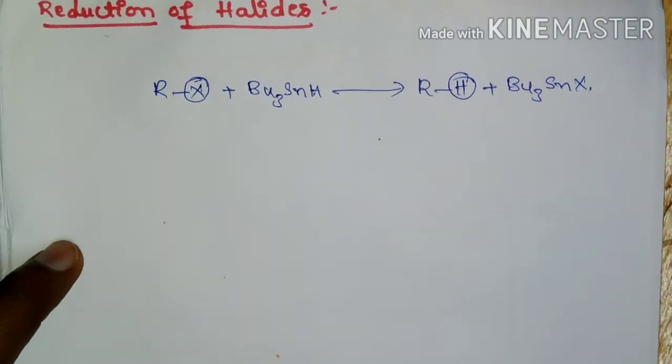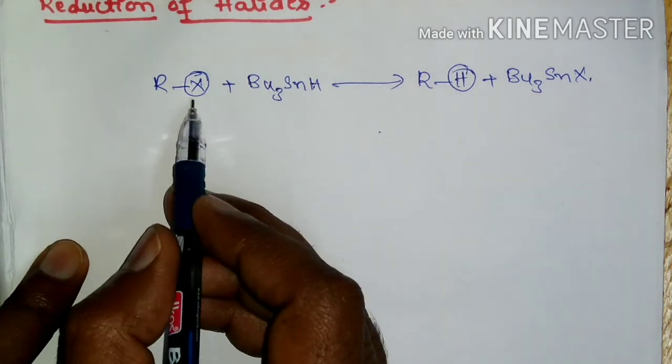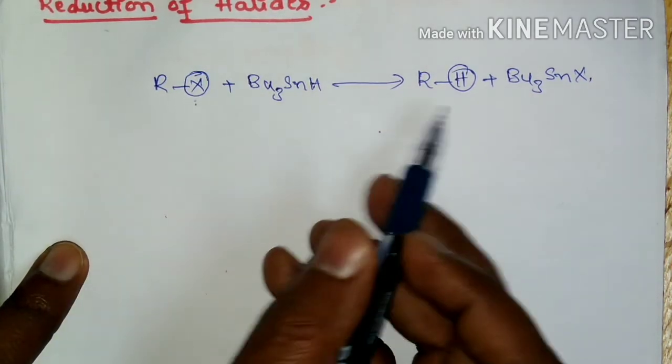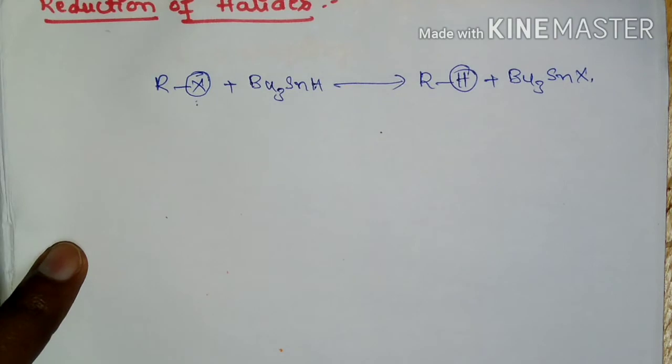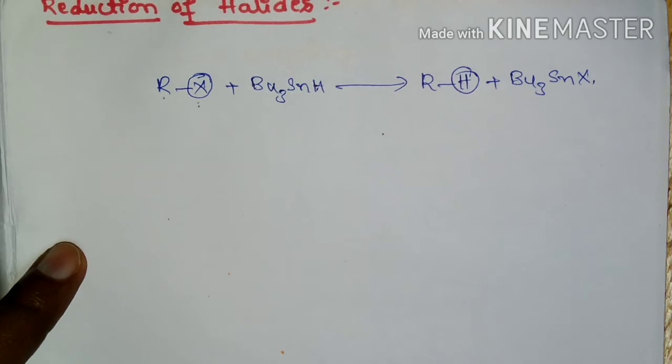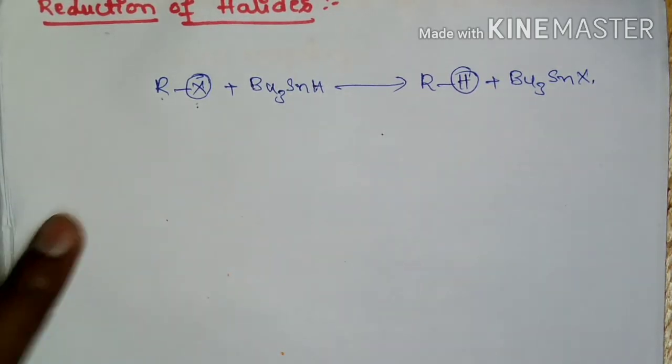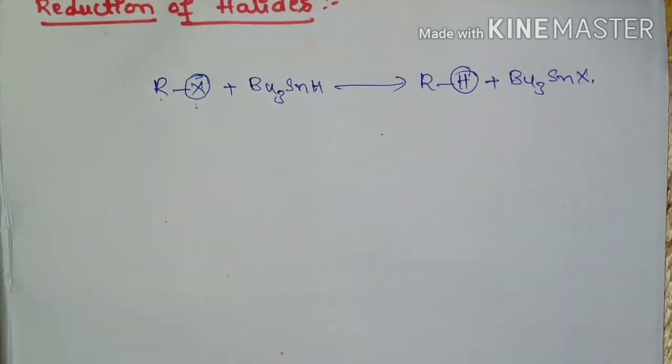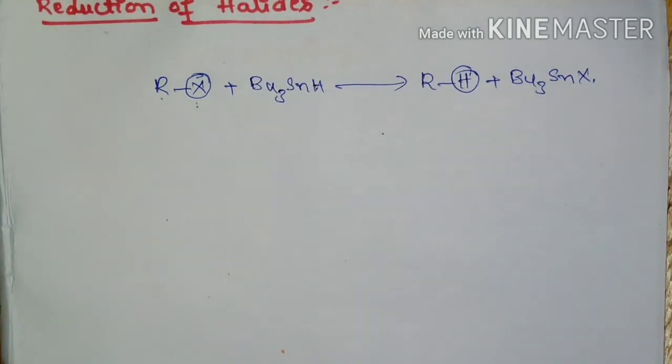So this is the general reaction, a simple replacement of the halogen atom by hydrogen. That is reduction of halide, because we are adding hydrogen and we are removing an electronegative atom, that is the halogen atom.